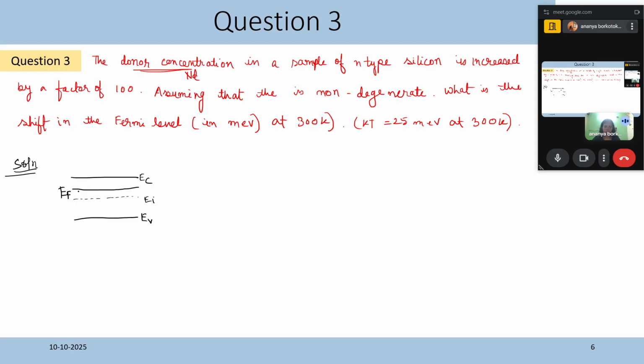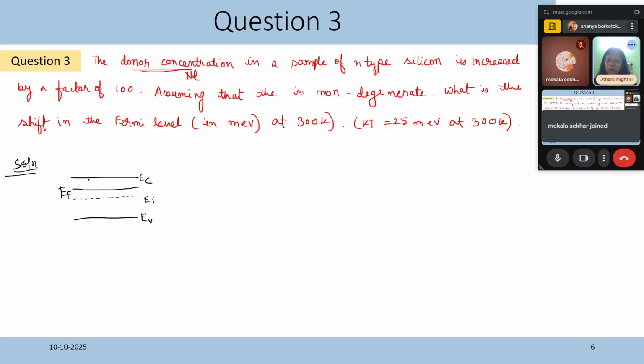We know there are no electrons in the band gap, but this indicates how many electrons are present, or the average energy of electrons. If it is an n-type semiconductor, then the number of electrons is more, so the Fermi level is high. If we add more and more donors, the Fermi level will move closer to EC.